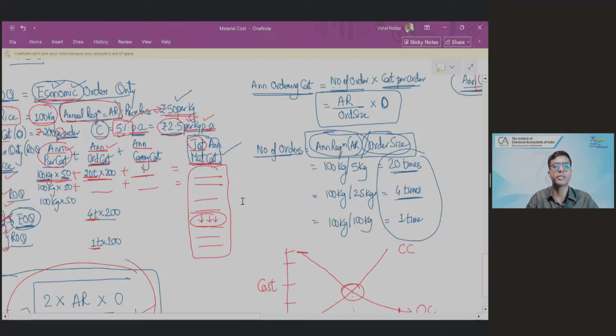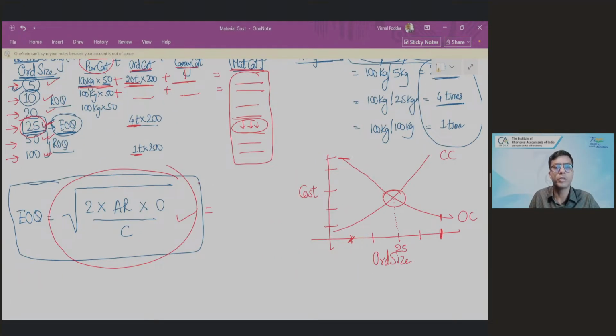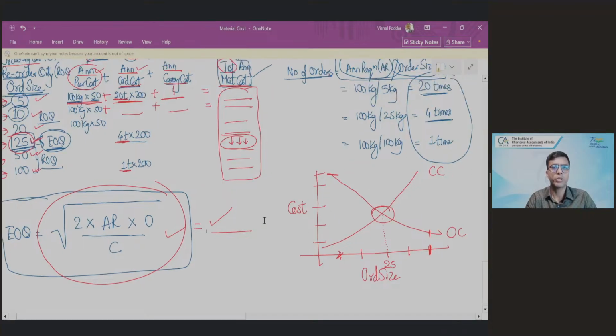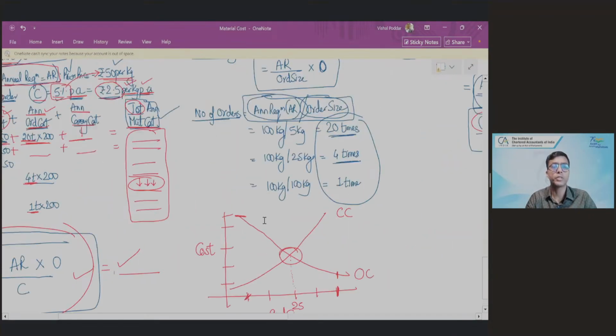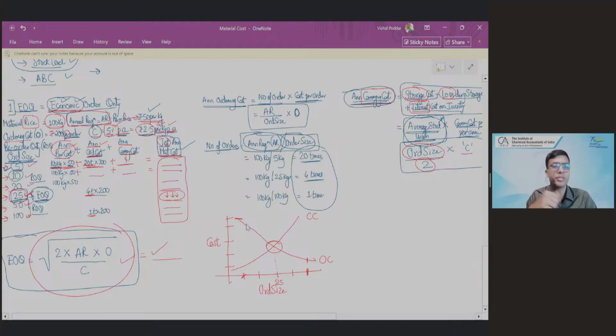What is that? That is determining it by a formula. Using this formula will give you a short answer as to which of these options is the best. But how to use this formula, that we are going to see. But for that, you have to first understand how this formula was made and why this is important.